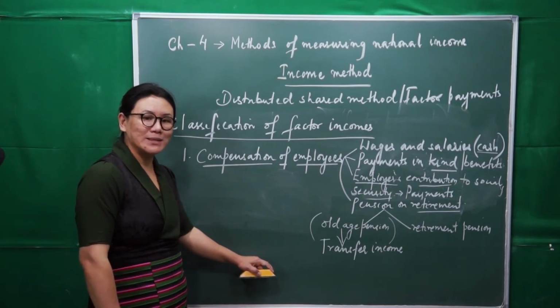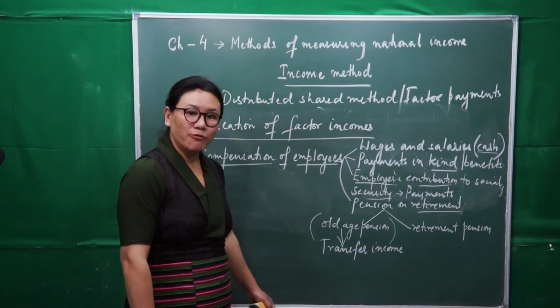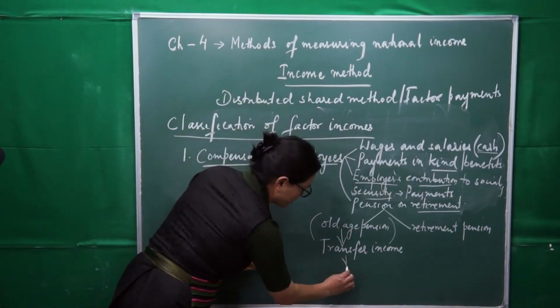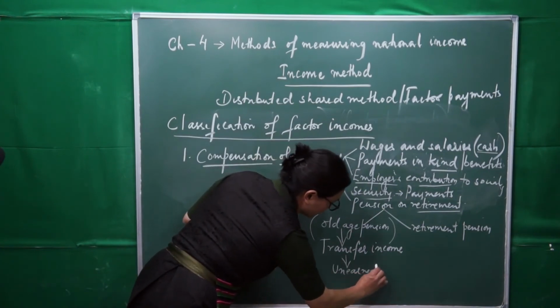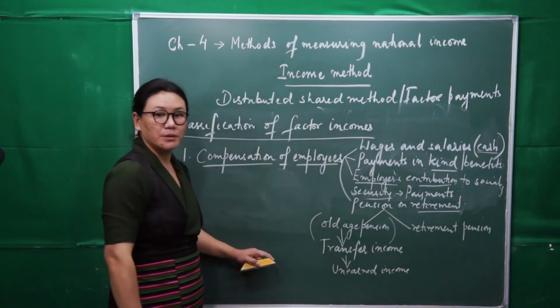Okay, this is one-sided payments. Now, I said before, transfer incomes are unearned income. Right.